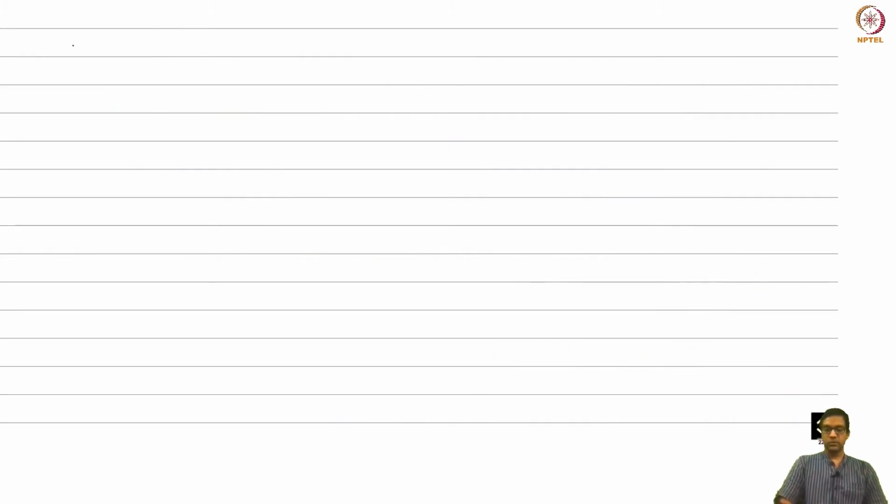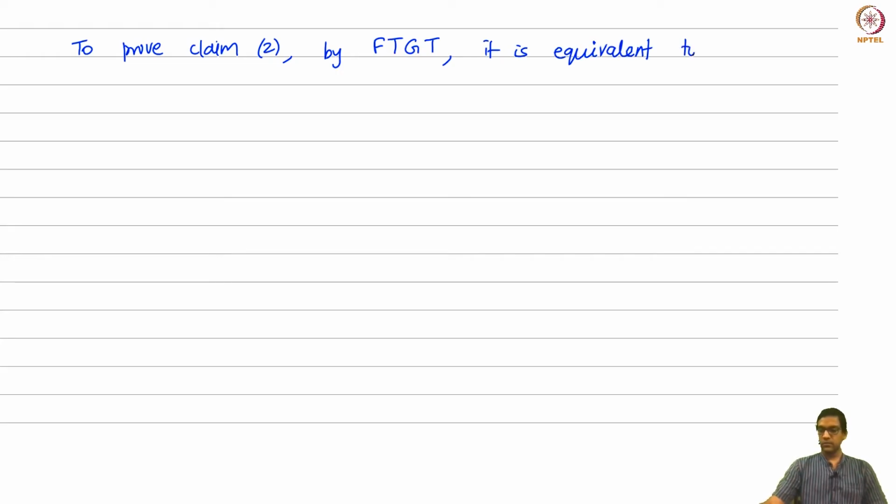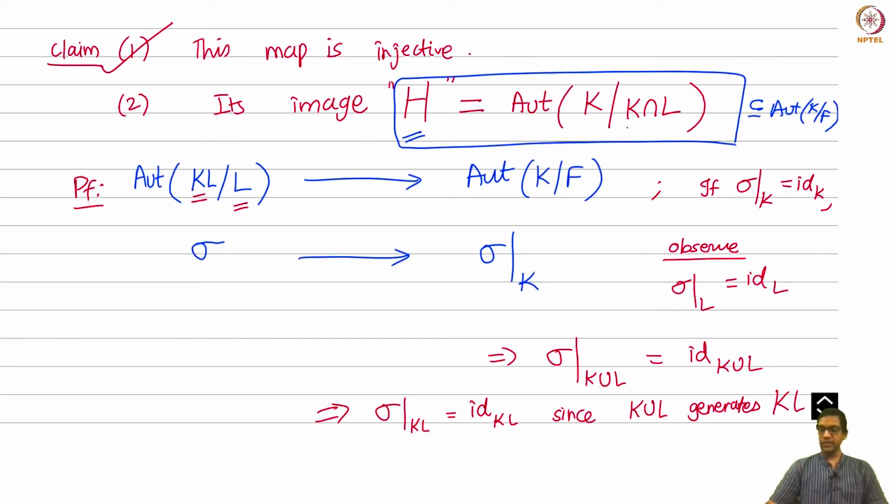So to prove claim 2, by the fundamental theorem of Galois theory, it is equivalent to proving the following assertion, that the fixed field of H is the same as the fixed field of the other group, which was K intersection L in this case. So we need to say that these two things are exactly the same.